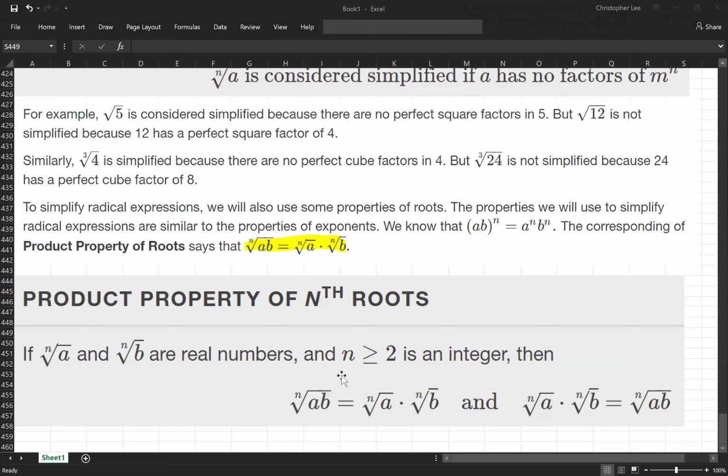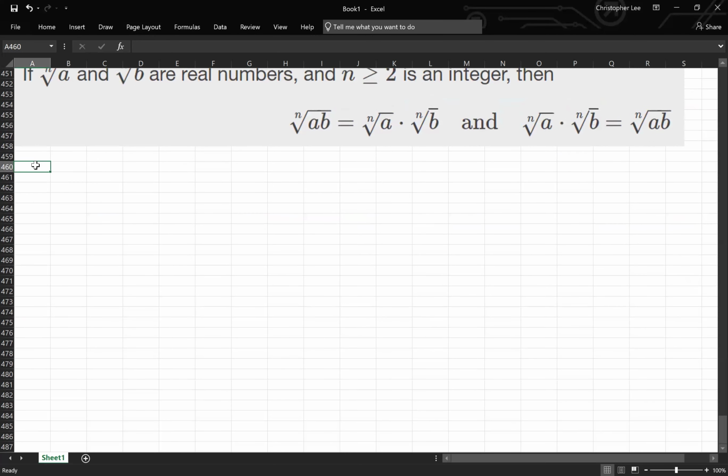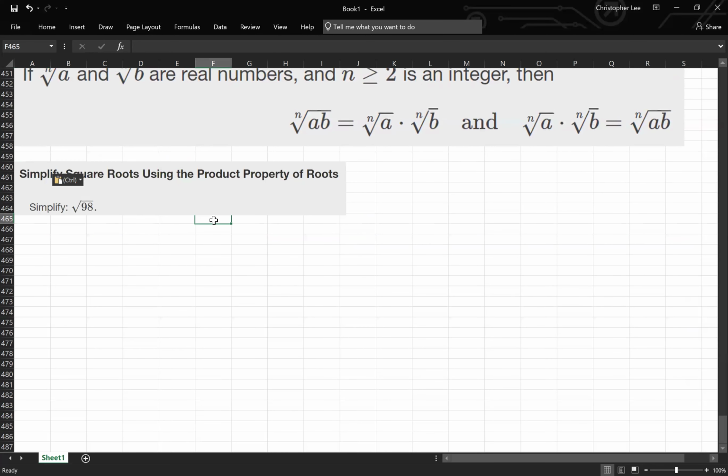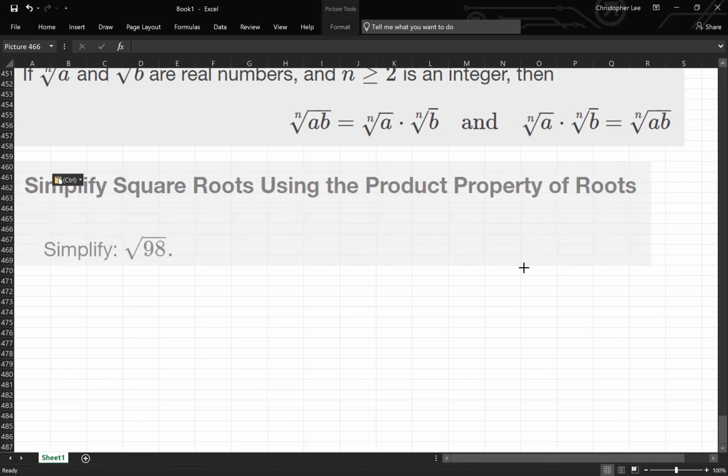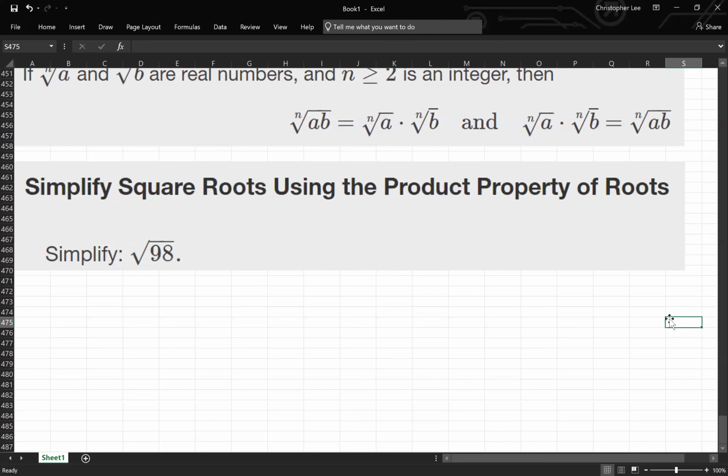Let's check this out. So we want to simplify square roots using the product property of roots, right? So I have the square root of 98. Now, what I want to do is simplify this down.